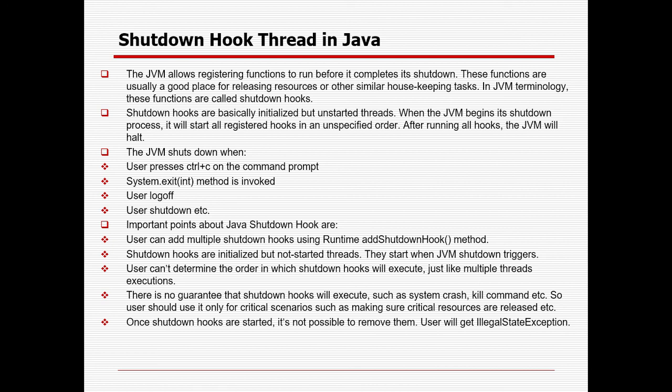But there can be chances that the shutdown hook is also not executed, sometimes system crash or kill command, but there is a huge chance that it will be executed and your program will be executed successfully.